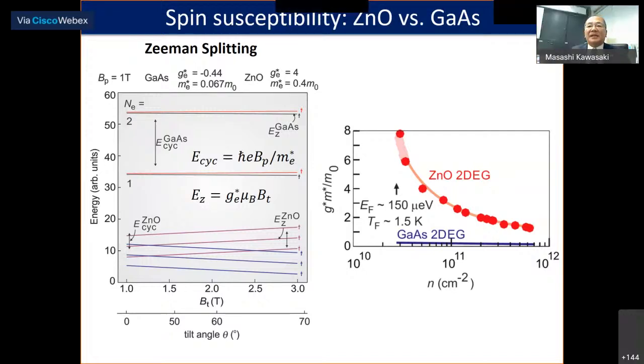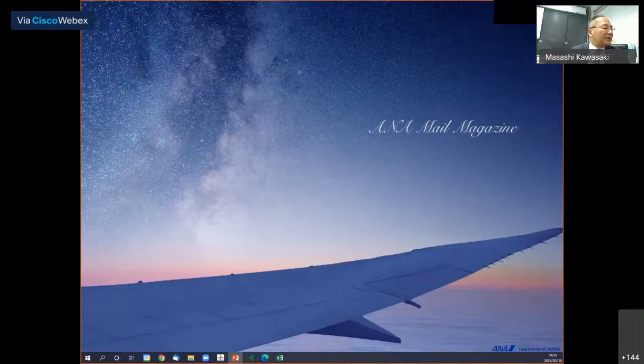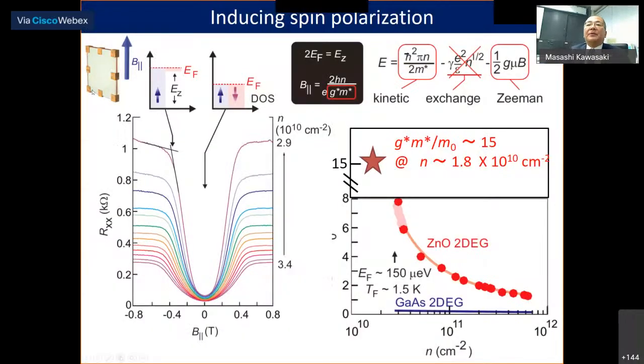And the other thing is we applied a completely in-plane magnetic field in my second topic here. We apply the magnetic field totally in the plane, so you don't have any cyclotron motion. So that's what we are doing. By applying in-plane magnetic field, there is no cyclotron motion, but there is Zeeman energy.